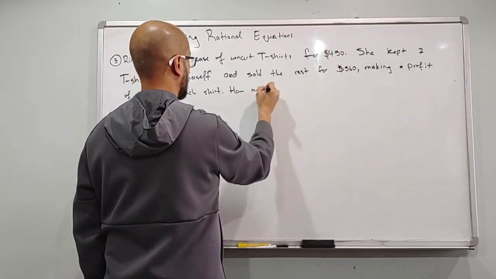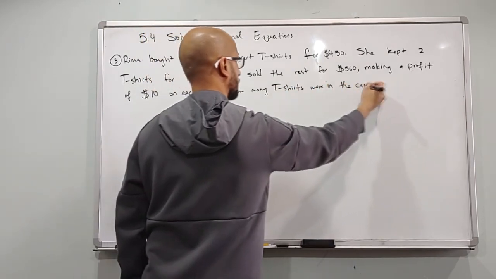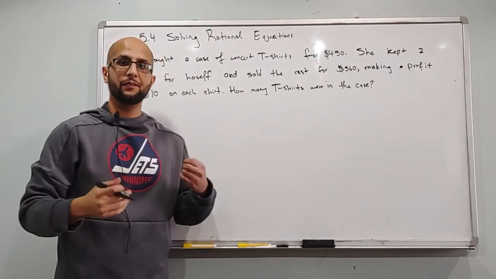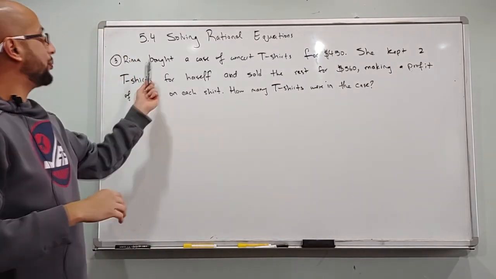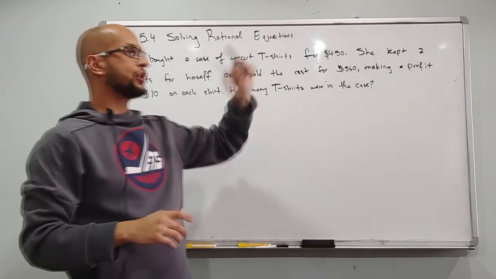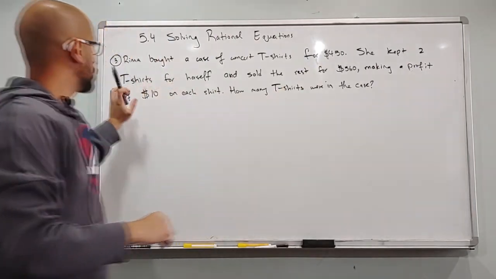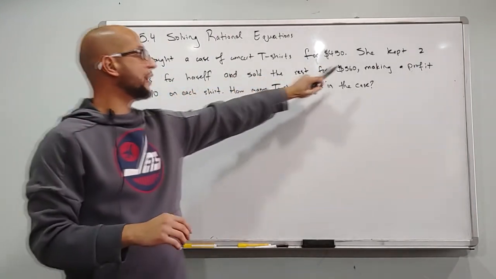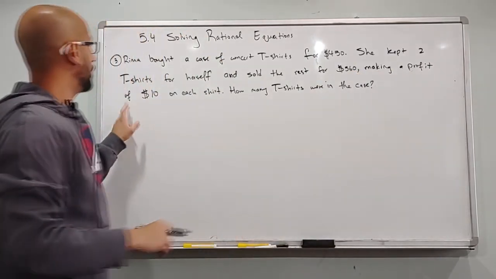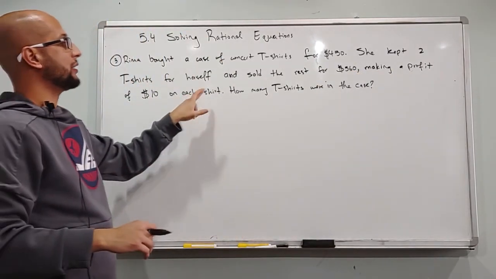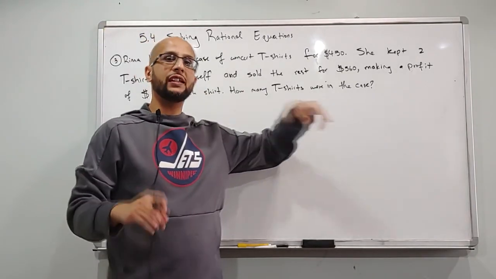Okay, so this is example 4 from your textbook in 5.4. Rima bought a case of concert t-shirts for $450. She kept 2 t-shirts for herself and sold the rest for $560, making a profit of $10 on each shirt. How many t-shirts were in the case?